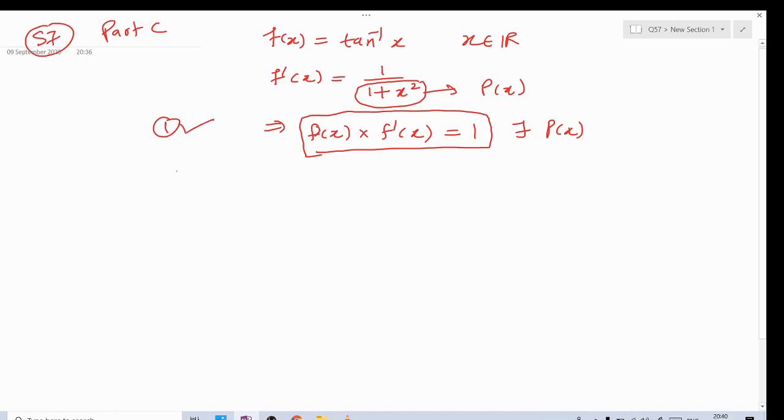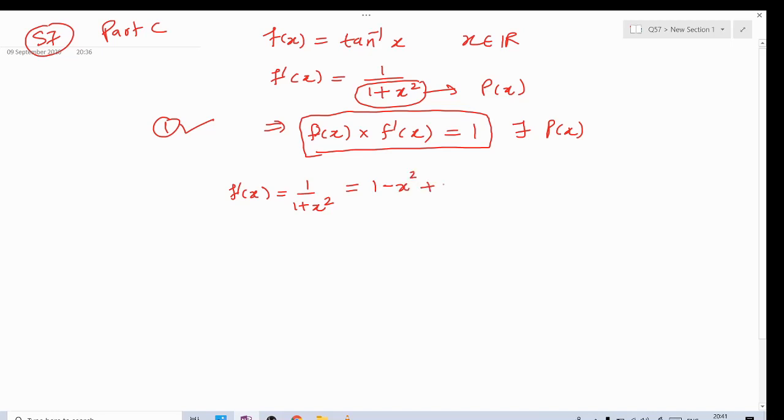Okay, now let's look at the second, third and fourth options. They are talking about the nth derivative of the function f of x. Now see, what is our first derivative of f of x, which is nothing but 1 upon 1 plus x square. And what is the Taylor series? If I write the Taylor series of this 1 upon 1 plus x square, I will get 1 minus x square.